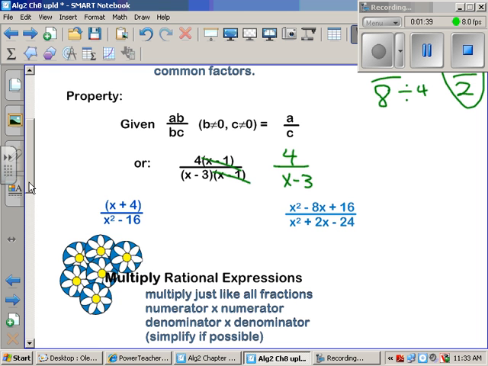Okay? So in this one, x plus 4 is already factored. How about x squared minus 16? Can we factor that down? Exactly. X plus 4 and x minus 4.